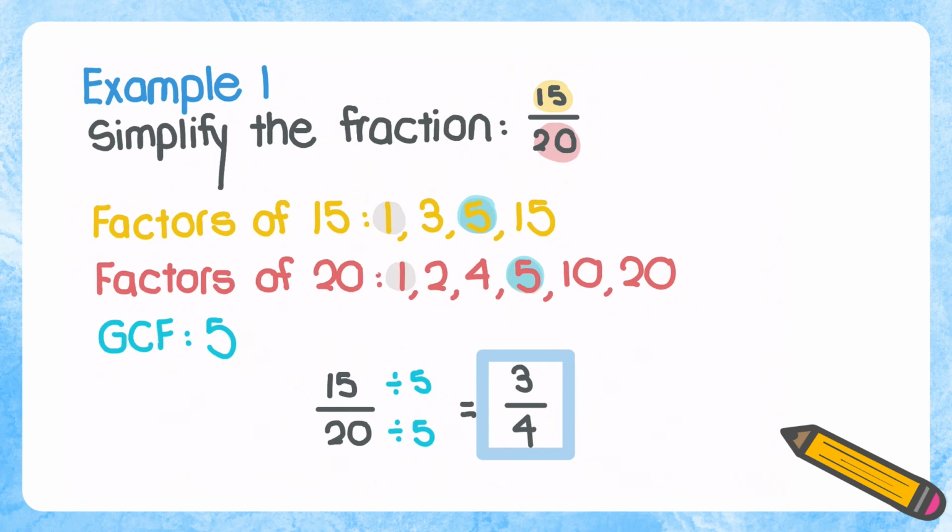So we've simplified this fraction by dividing both the numerator and denominator by the GCF of the numerator and denominator.